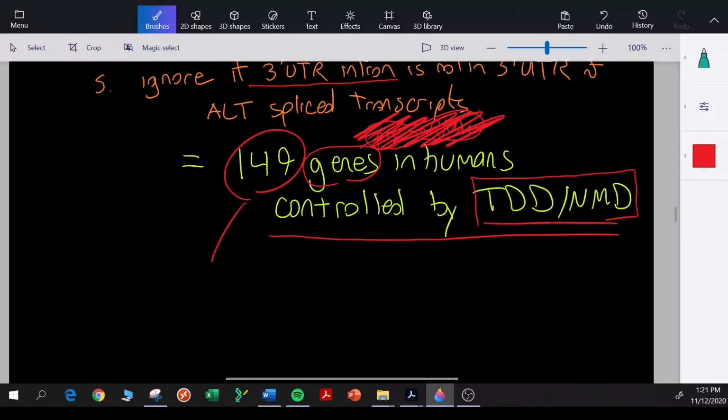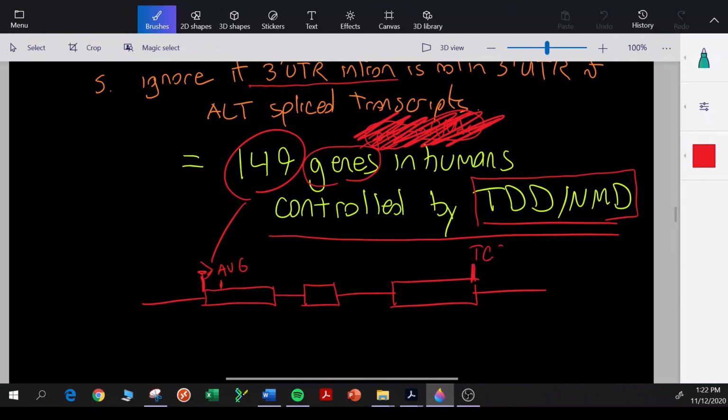Because 149 genes have what? Let me draw the structure here. Here's a generic gene. Here's the start codon. There's the +1 site. There's the transcription cleavage site. I'm going to put the stop codon here. And this is at least 50 bases upstream of the beginning of this intron.